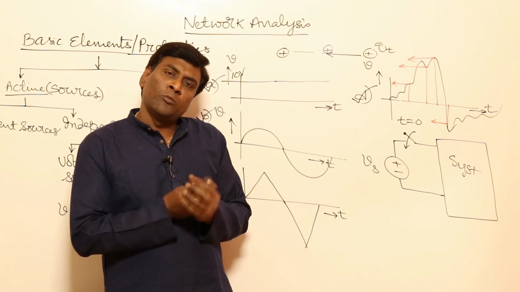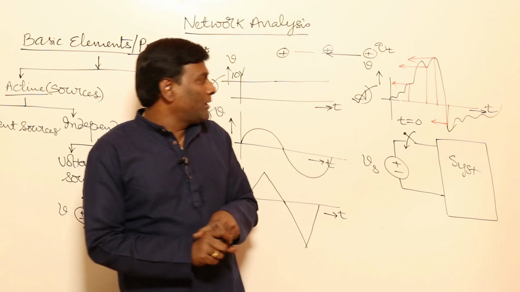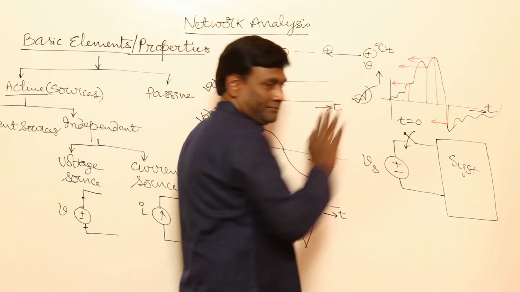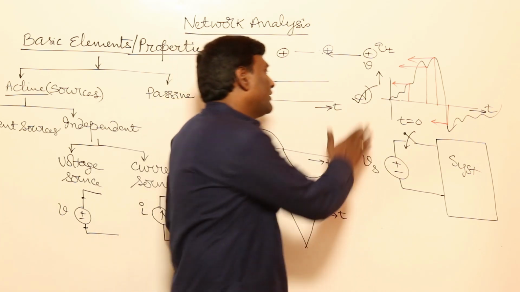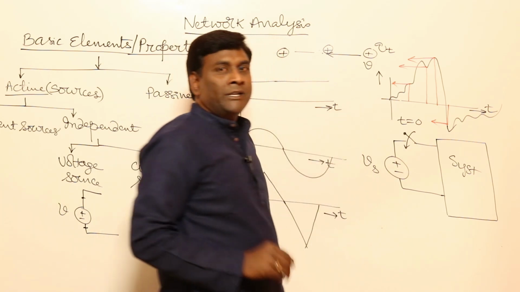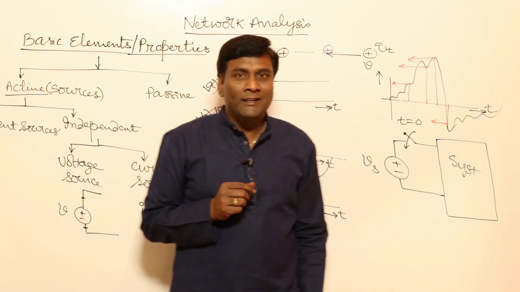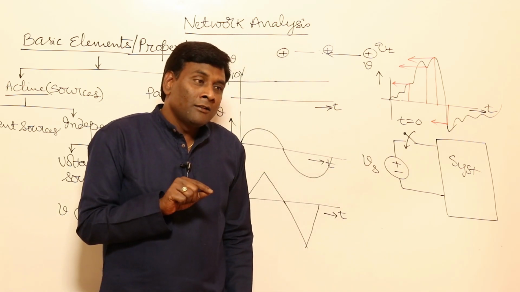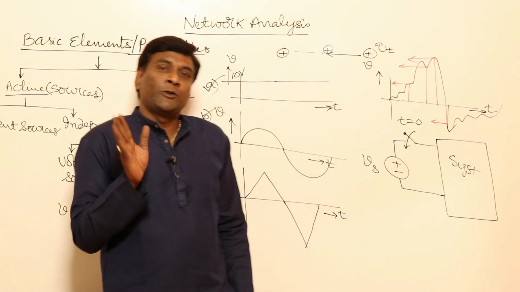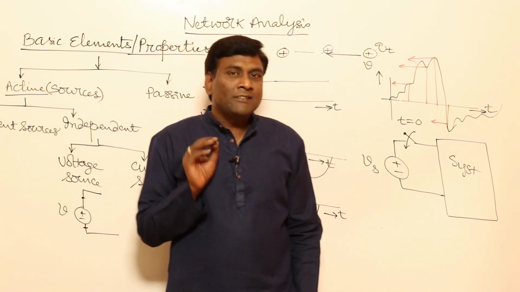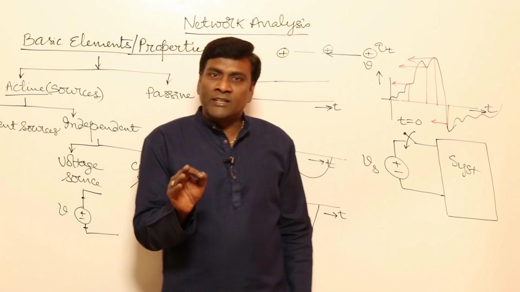Now you will get one more thing. For example, if it is a random signal, this is not a source waveform, it is a random signal. So the point to be noted is, can a random signal become a source waveform? My conclusion is very simple.